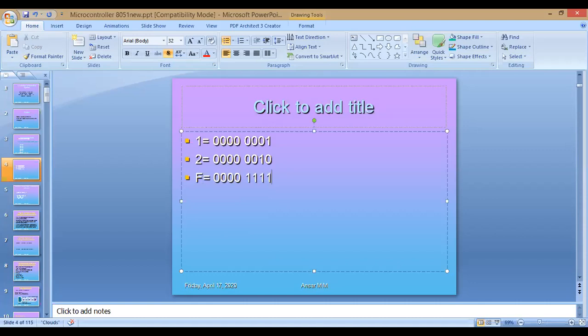That means the lower nibble of this hexadecimal number will be all ones.